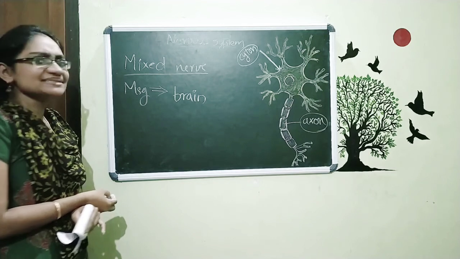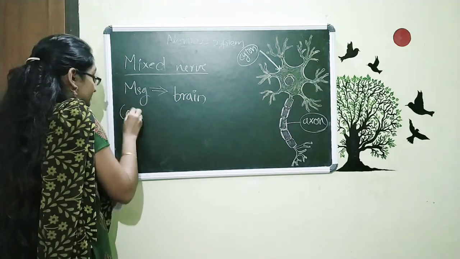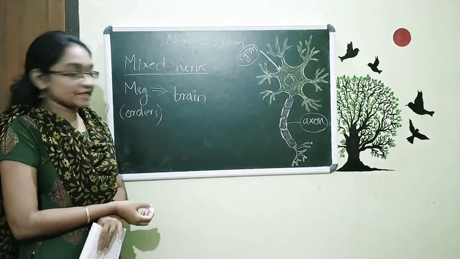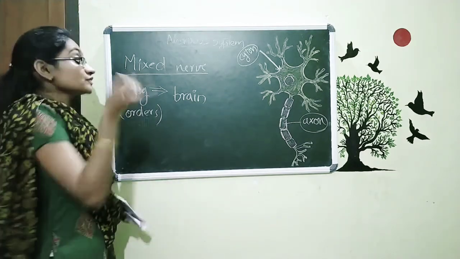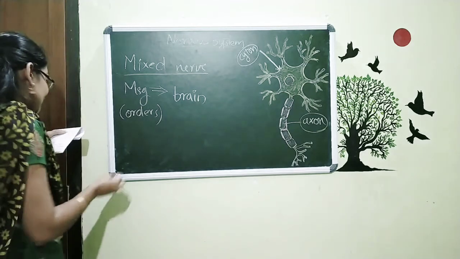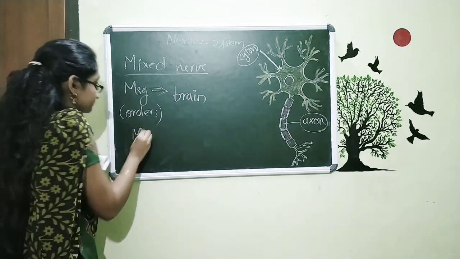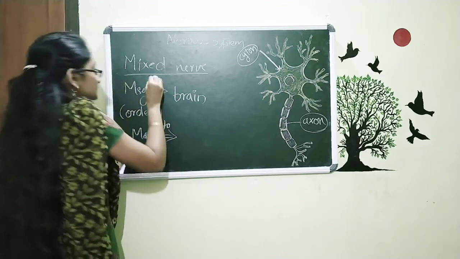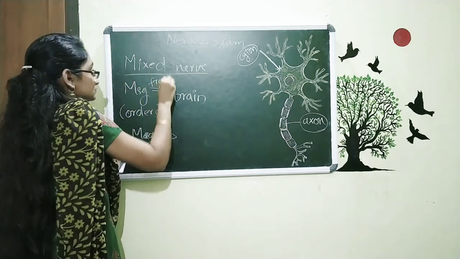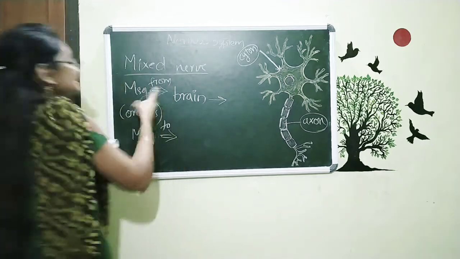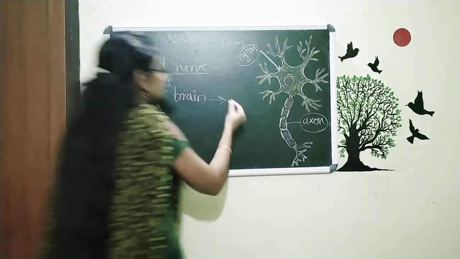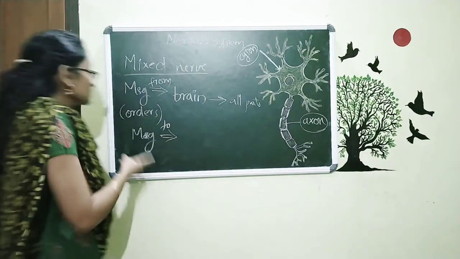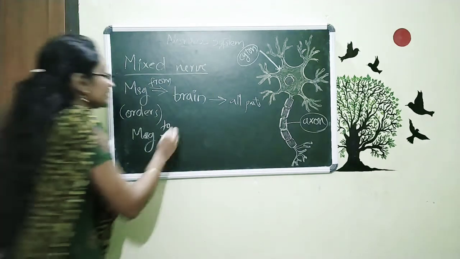Actually this message is what? The orders. It carries orders from brain to all parts. And also it carries message to brain. It carries messages from brain to all parts and also it carries message to brain.